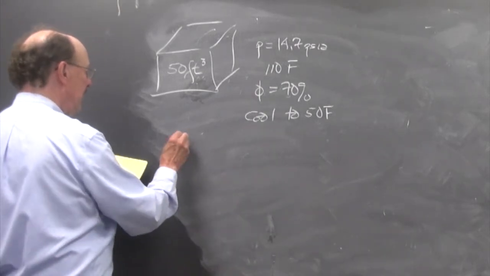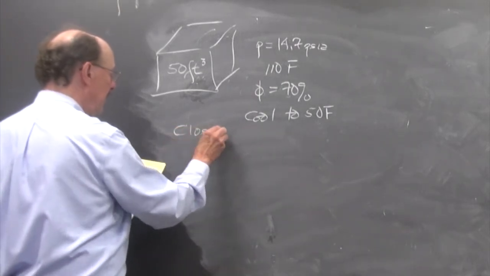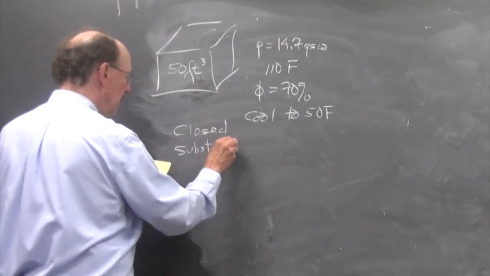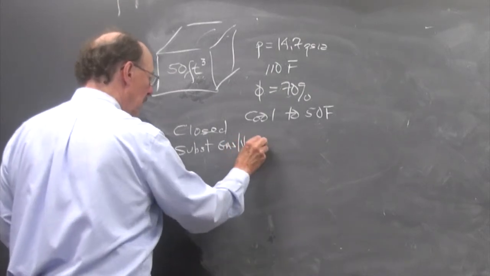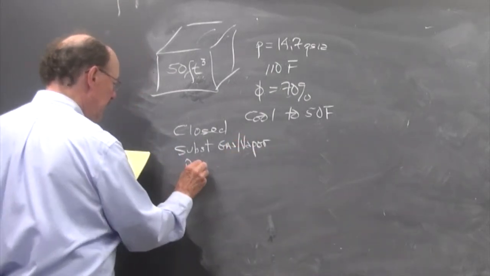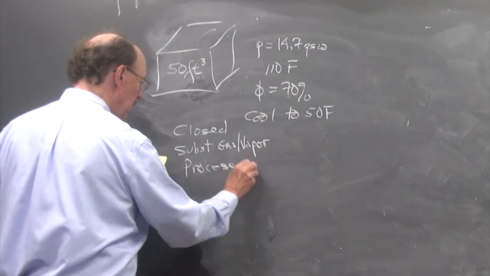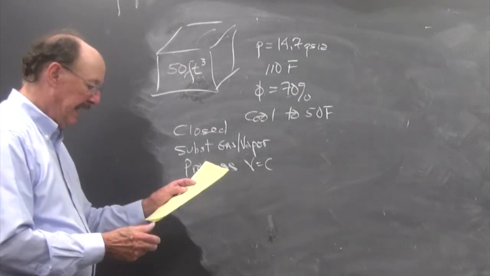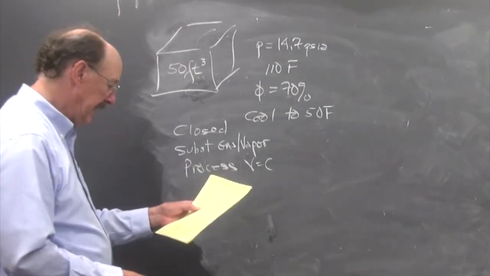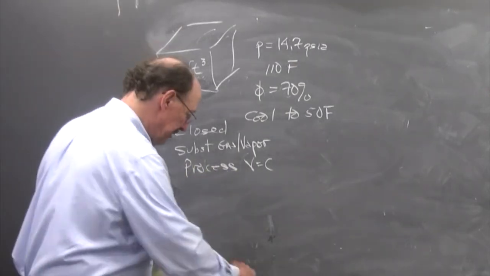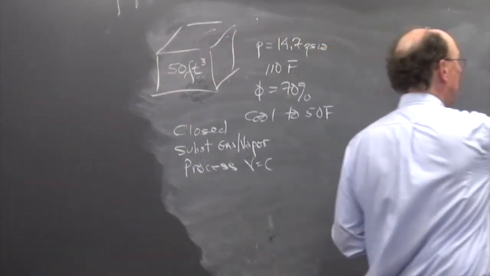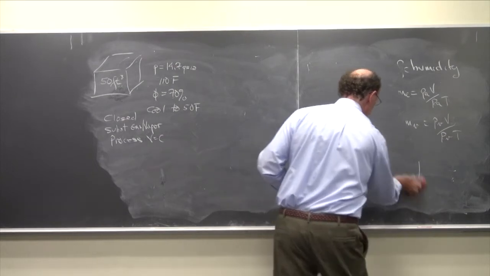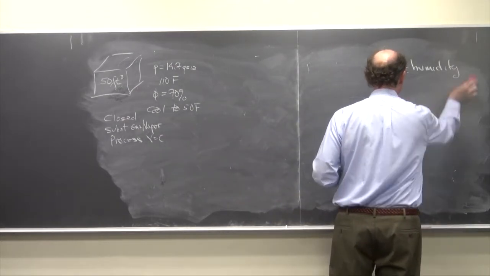It's a closed system. The substance is gas vapor. The process is V equals C. And we certainly have energy involved. So let's look and see what we have in terms of the processes involved, and then we'll find the change of internal energy, the heat, and everything else.